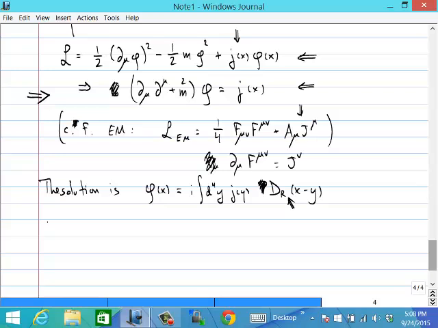But there's at least two more kinds of propagators. There's also the advanced one, which you could figure out for yourselves. But the kind of propagator that we will be mostly using in this course is known as the Feynman propagator.